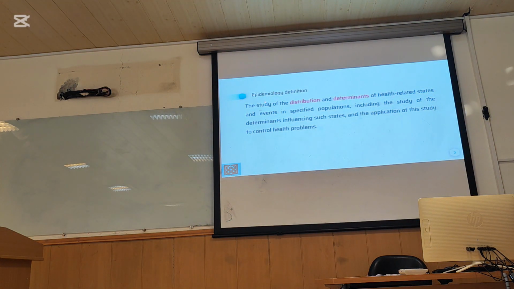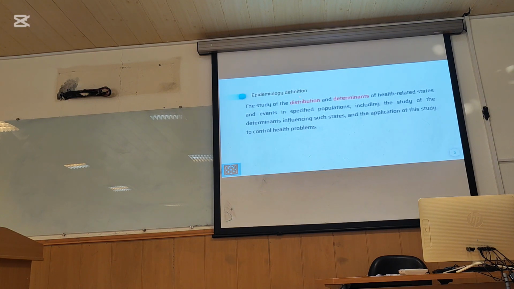It's the definition of epidemiology. As you see, this definition has a lot of components, and two main components are distribution and determinants. Yes? And I think yesterday we talked about descriptive study and analytical study.